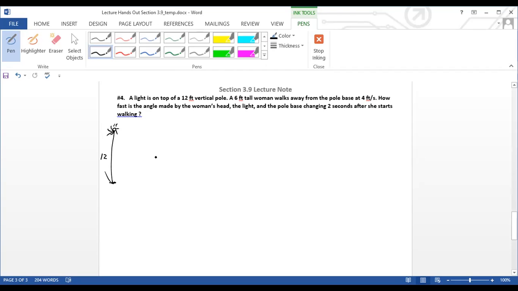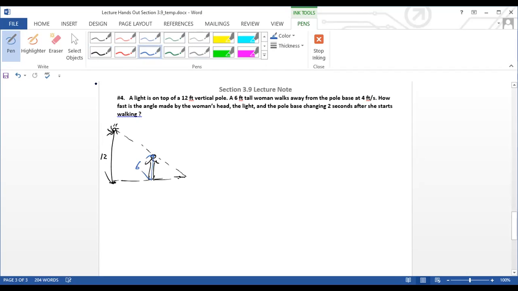Okay, so I have a lady here, and this lady is 6 feet tall. This lady is walking, and this light is shining on her. Let's put here, the pole is 12, and the lady is 6 feet.